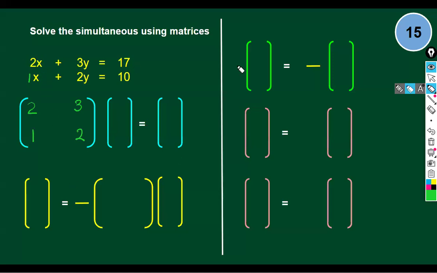Who comes first, the X or the Y? When you're reading the equation, who comes first? The X, right? Because the X comes before the Y. You put the X on top and the Y underneath. Whichever letter comes first, you always put it on top. Whichever letter comes after, you put it underneath. Put the X and Y in, please.